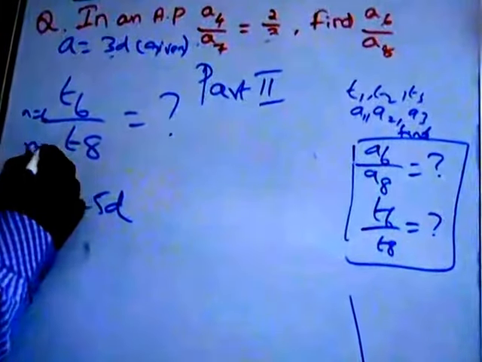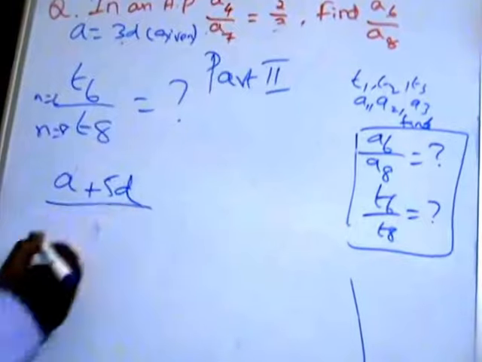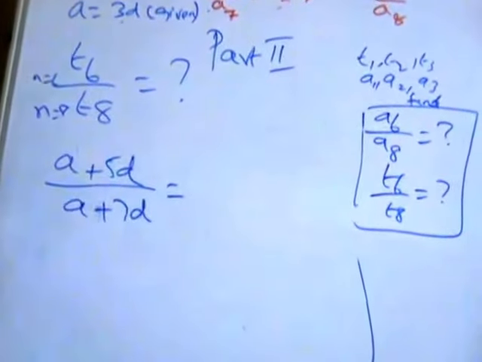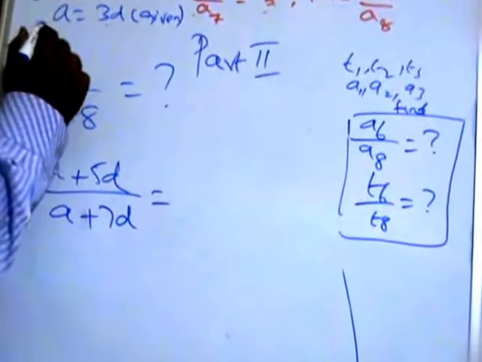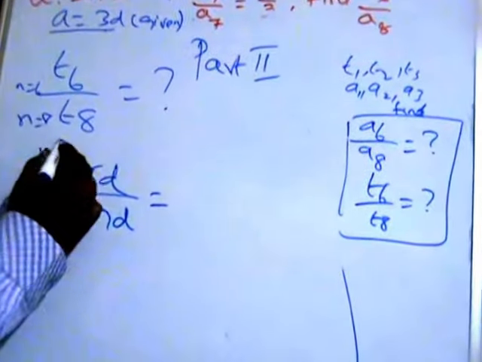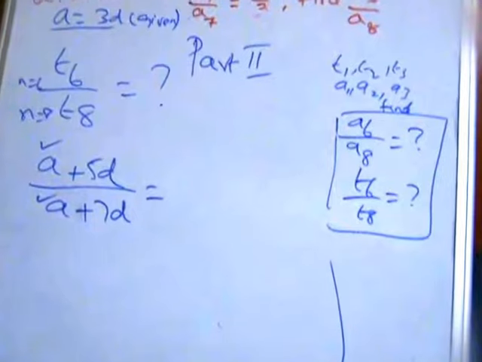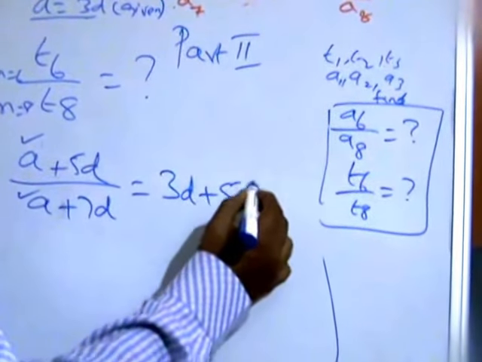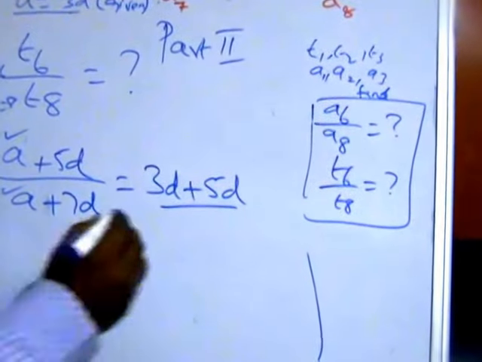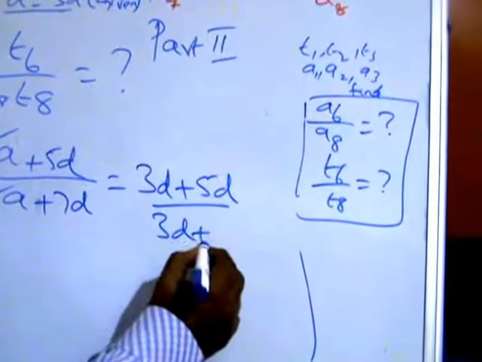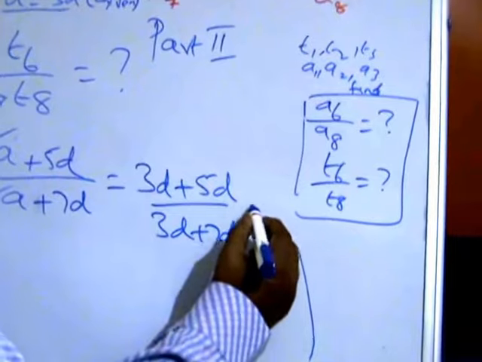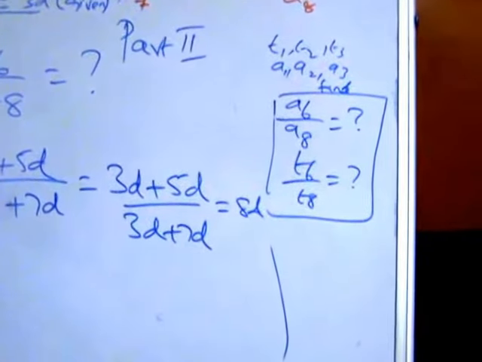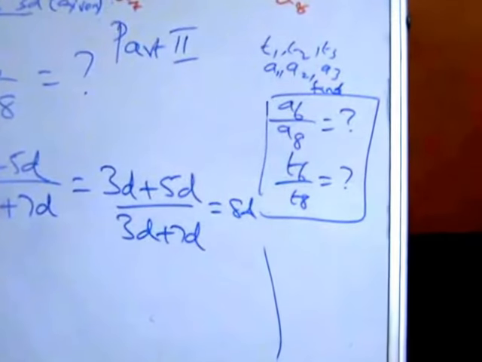T8 means n is equal to 8, straight away you can write A plus 7d. But the given is A equal to 3d. So wherever A comes, you put 3d. So you get 3d plus 5d divided by 3d plus 7d, which is equal to 8d by 10d.